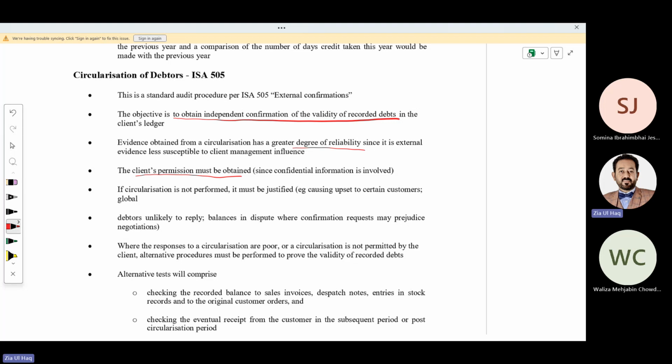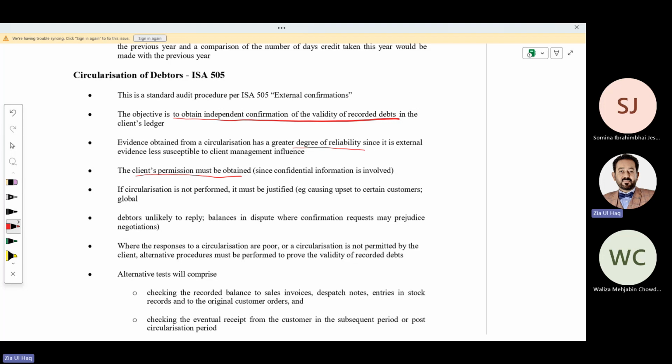From where do we get that information about the customer? From client data. So if we are confirming with any customer of our audit client, before confirming, we need to take client permission. If the client gives us permission, we can confirm the balance from the customer.